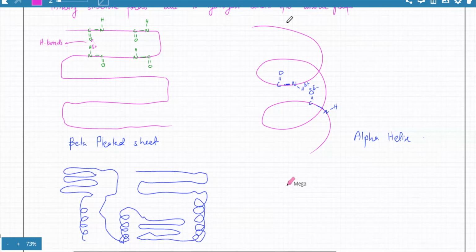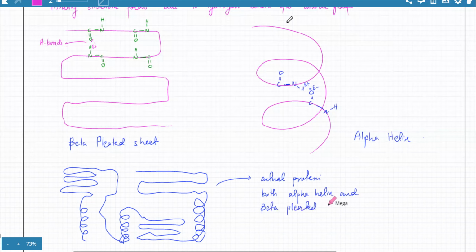So an actual protein is basically a combination of both things. So this is what a protein chain would look like. Both alpha helix and beta pleated sheets would be present. Both of them are present.